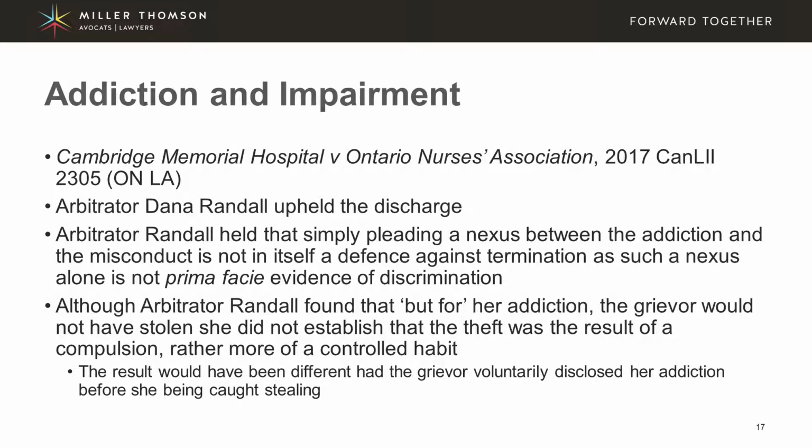And just to add one further piece to that, which is helpful, the Ontario Court of Appeal itself has said, in even more stark terms, that if the employer didn't know that the employee had a disability, even though there might be a nexus, then that doesn't equal discrimination. In fact, the employer can't be said to have discriminated because they had no idea that the employee was suffering a disability.